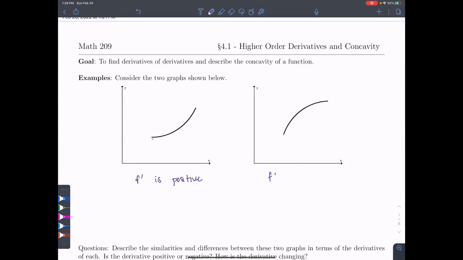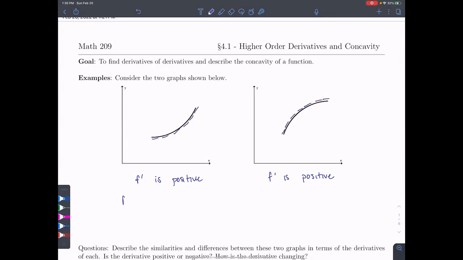The tangent lines would all have a positive slope, right? So the difference in these graphs is that these over here are getting less steep, but these are getting steeper.